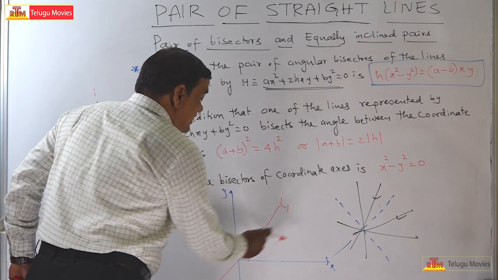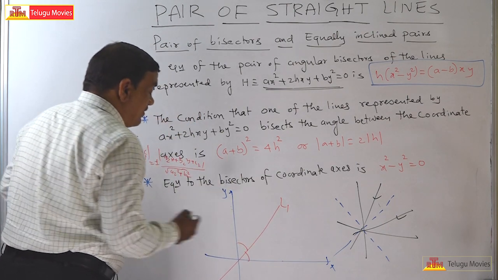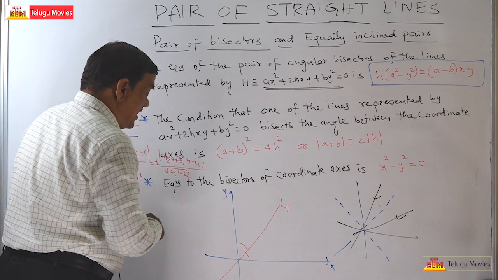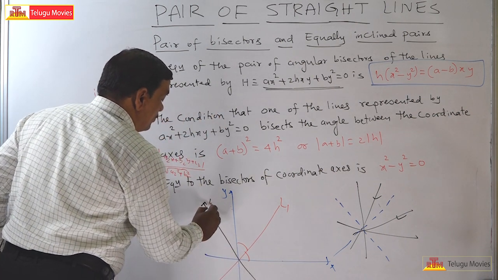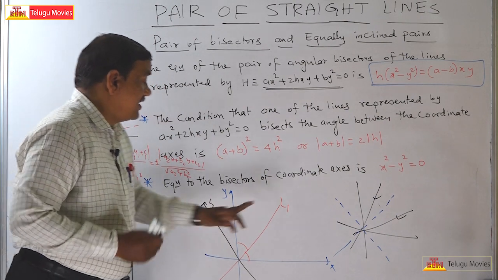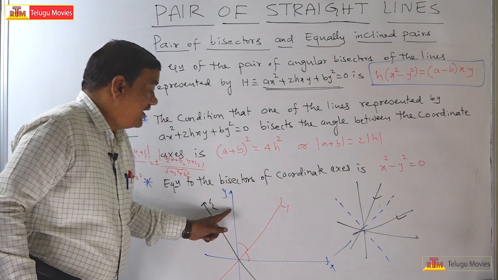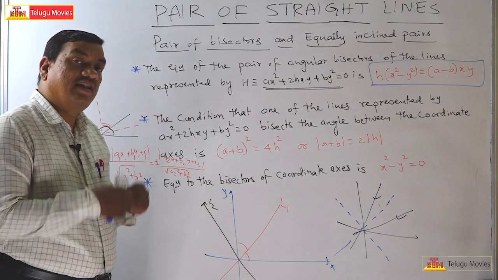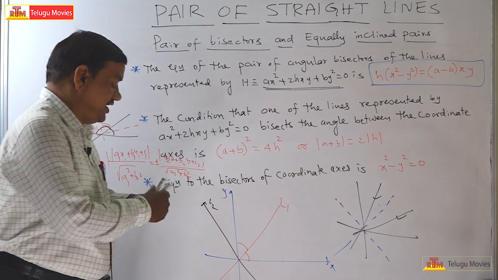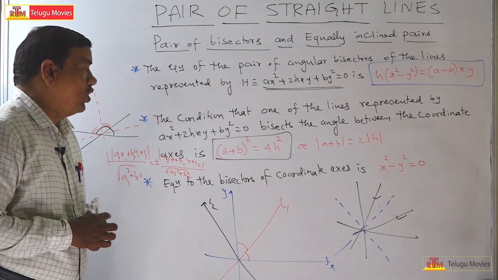One line bisects the angle between the two axes, and the other is any other line. So this is L2. Here L1 of this pair of lines bisects the angle between the coordinate lines, and L2 is the other line. Then the condition is a plus b whole square is equal to 4h square.